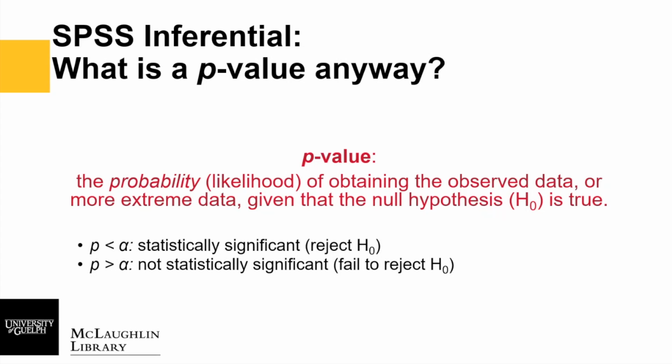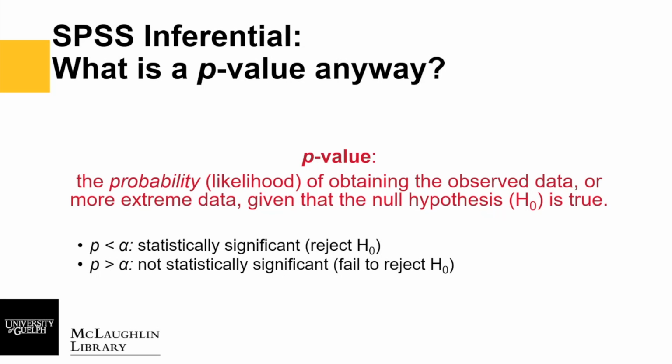I'm going to give you two things you should not say if p is greater than 0.05. You should not say we accept the alternative. That language is not on the slides. We never actually talk about the alternative hypothesis. We either reject the null or we fail to reject the null. And the other thing you should never say with p-values greater than 0.05 is that there is no difference or no relationship. The phrasing I want you to remember is you can say you failed to find a difference.